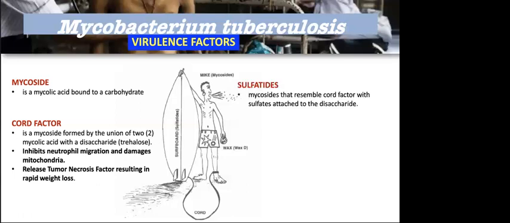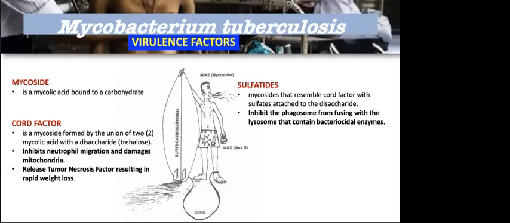Other virulence factors include another mycoside, which would be similar to cord factor. It's just that this one is attached to a sulfate. The disaccharides are bound to sulfates. Okay, so that's your sulfatides. So sulfatides are responsible for allowing your TB bacilli to survive inside macrophages or phagocytes.